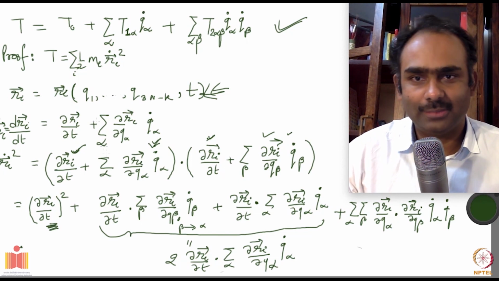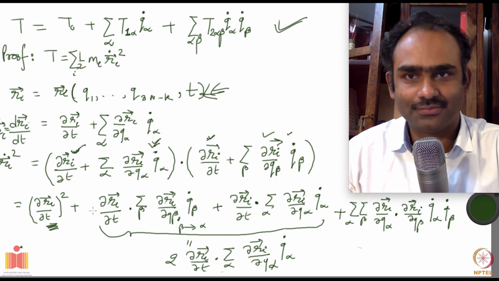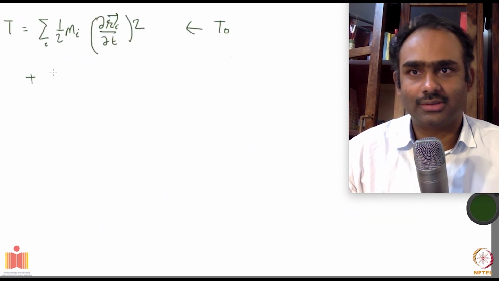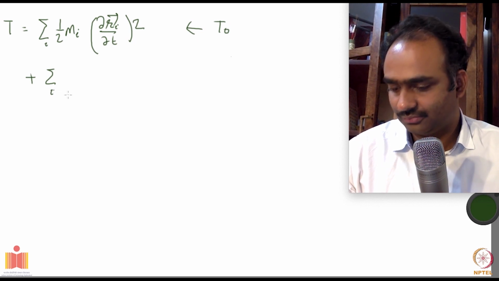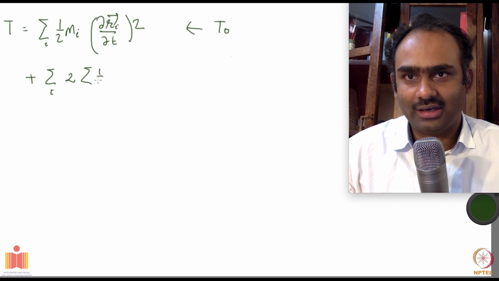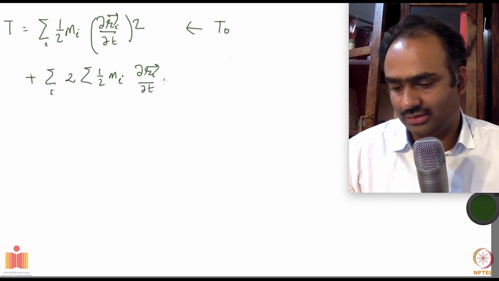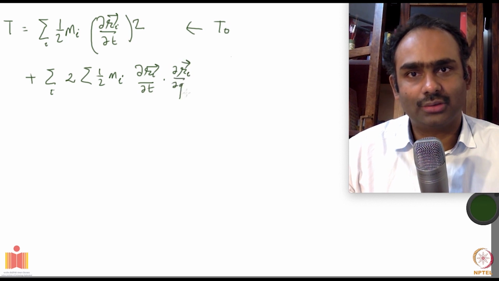Let's look at the second term. Good. I will multiply this with half mi and sum over all the i's. So you'll get summation over i, 2 times half of mi delta Ri over delta t dot delta Ri over delta q alpha.